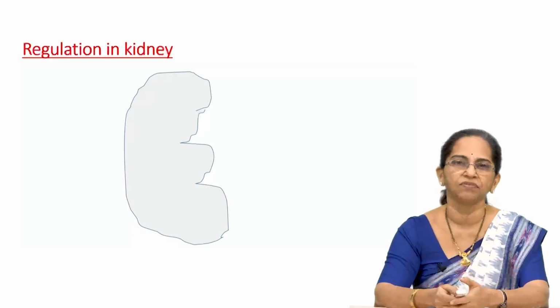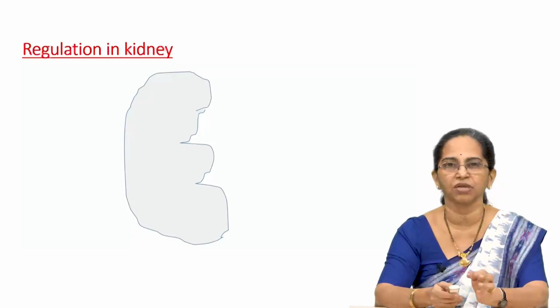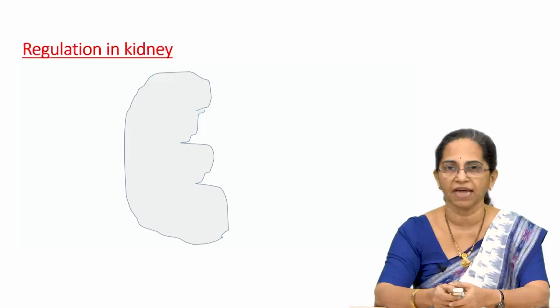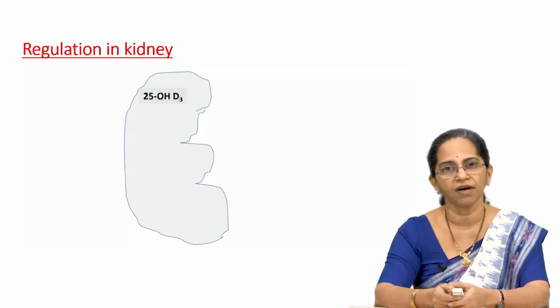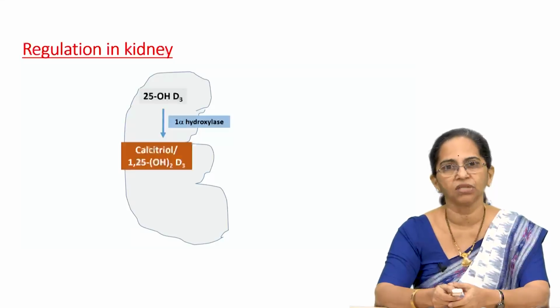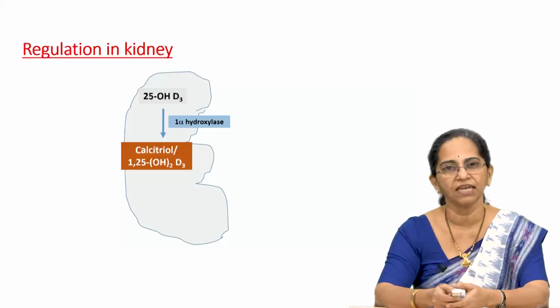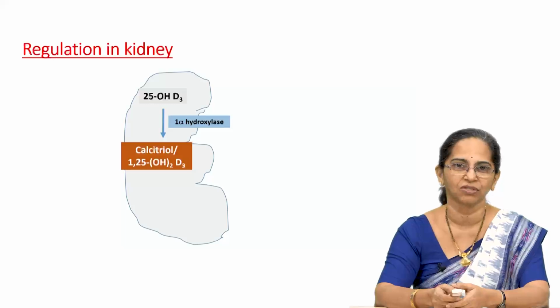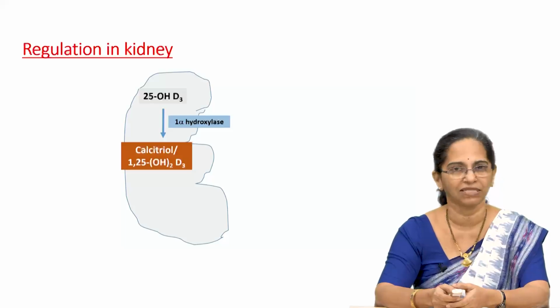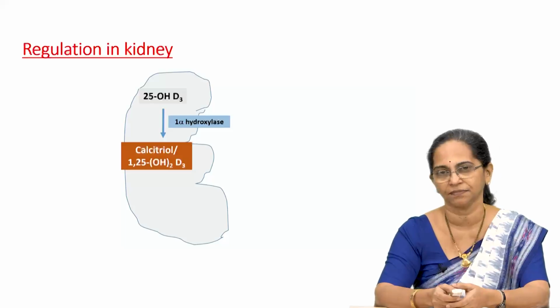Just a while ago we saw that the last, important step is catalyzed by 1-alpha hydroxylase. You came to know 1-alpha hydroxylase is the chief regulatory enzyme of the biosynthesis of the active form, calcitriol.